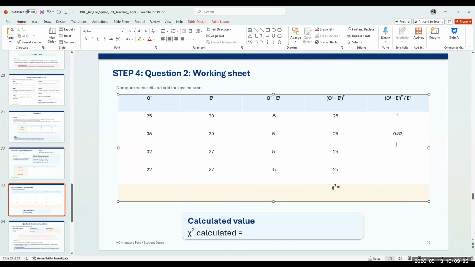So are you getting me? The first one is correct, which is 25 divided by 30. The second one is supposed to be 25 divided by another value. 25 divided by 30 will give us 0.8333.